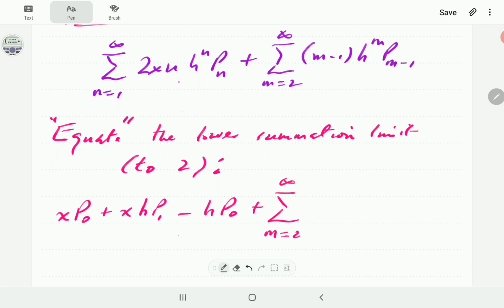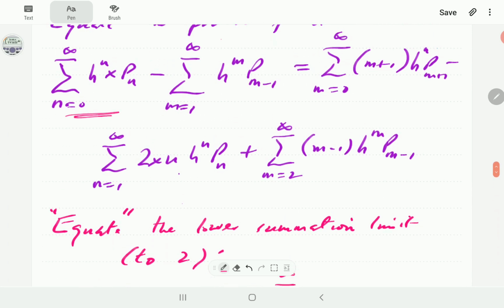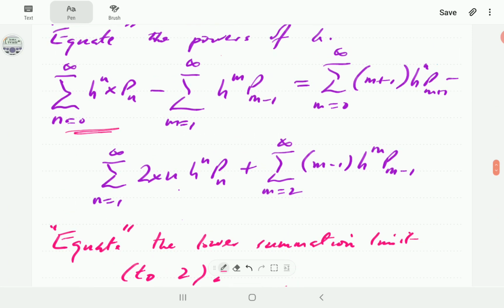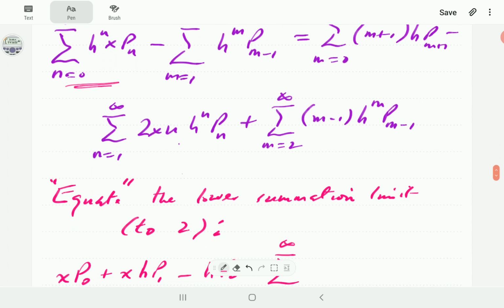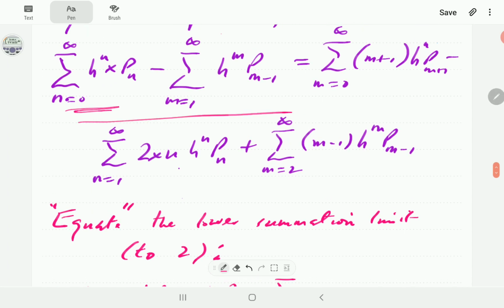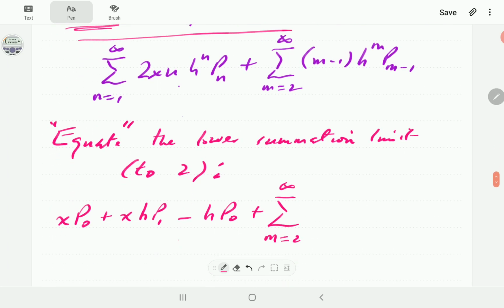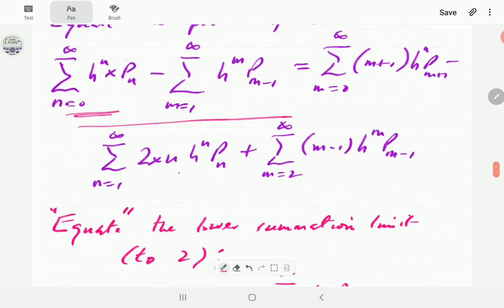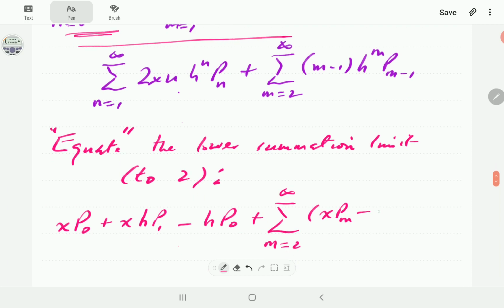So both of them are going to start from 2, and the power of h is going to be the same. So we can combine these two and write this as simply the summation of x p_m minus p_{m-1}, and then all of these terms are times h to the power m.